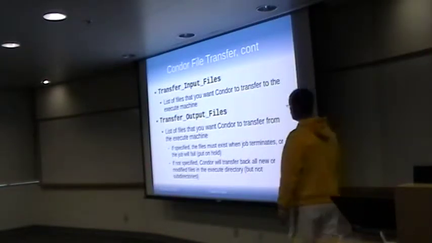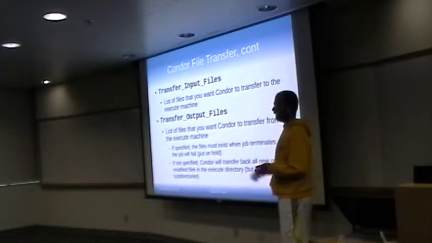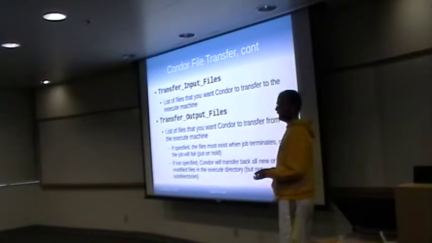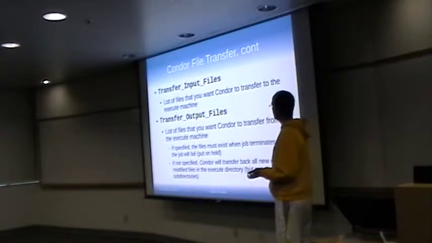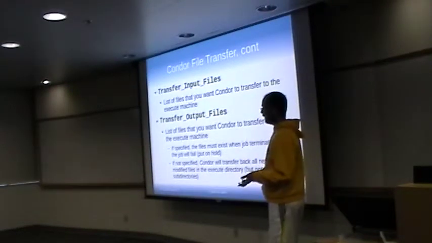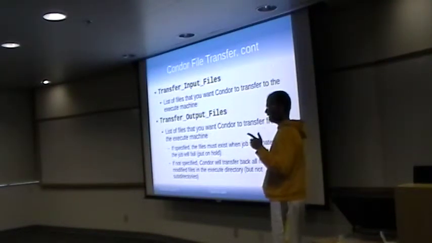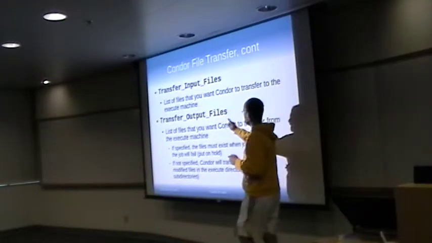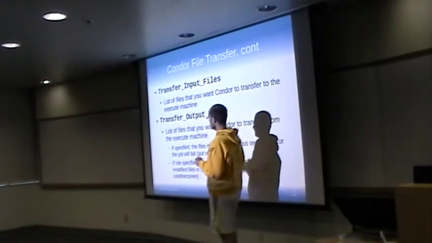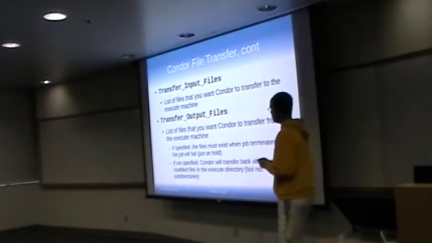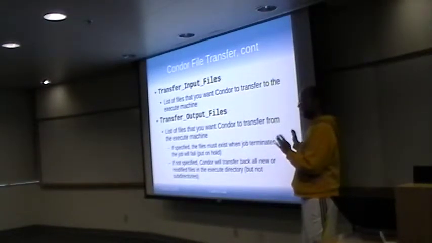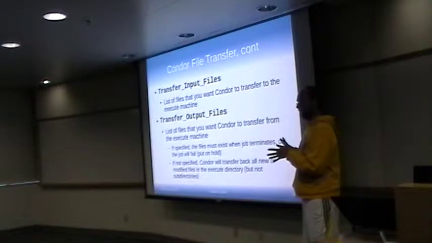That's something that allows you to implement a poor man's checkpointing mechanism. In addition to that, if you want the files to be transferred to the worker node, you have to tell Condor what you want to transfer. By default, it will transfer just the input file. If you want anything else, you better list them. For output files, it's slightly more tricky. You can list all the files with transfer_output_files. In this case, it will transfer back the files you listed, and they better exist, because if they don't, the job will fail.